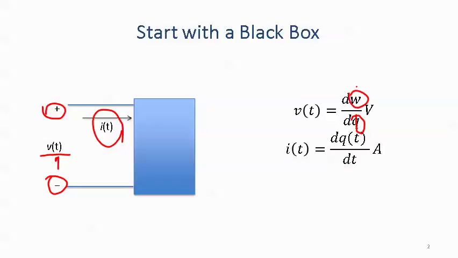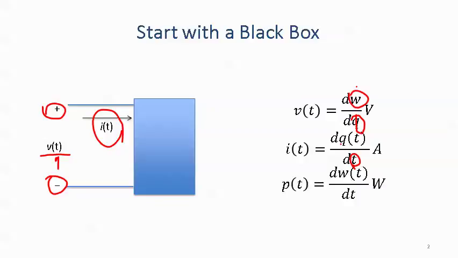Similarly, our current i of t is defined as the change in the charge Q with respect to time. So the change of charge or coulombs with respect to time, seconds, coulombs per second is a definition of amps.